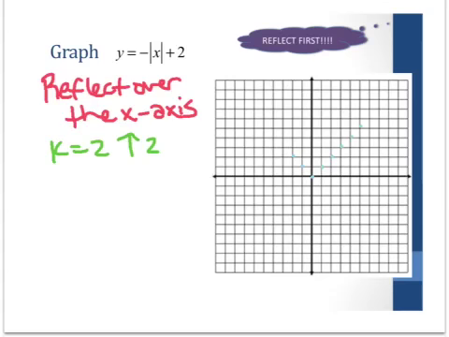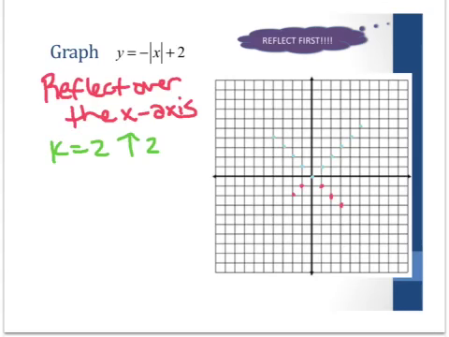So plot your parent function points. And then we are going to reflect them over the x-axis. So here's the x-axis. Reflecting means if your distance is 1 away, then we go 1 away the other way over the axis. This guy is 2 away, so we're going to go 2 away down. 3 away, and so forth.